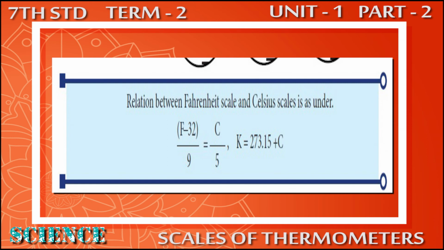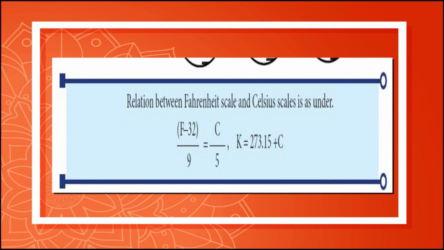Then Kelvin is equal to 273.15 plus Celsius. So if a Celsius reading is given, you can easily convert the Celsius reading into Kelvin by using this. So these are the relations between Fahrenheit, Celsius and also Kelvin.